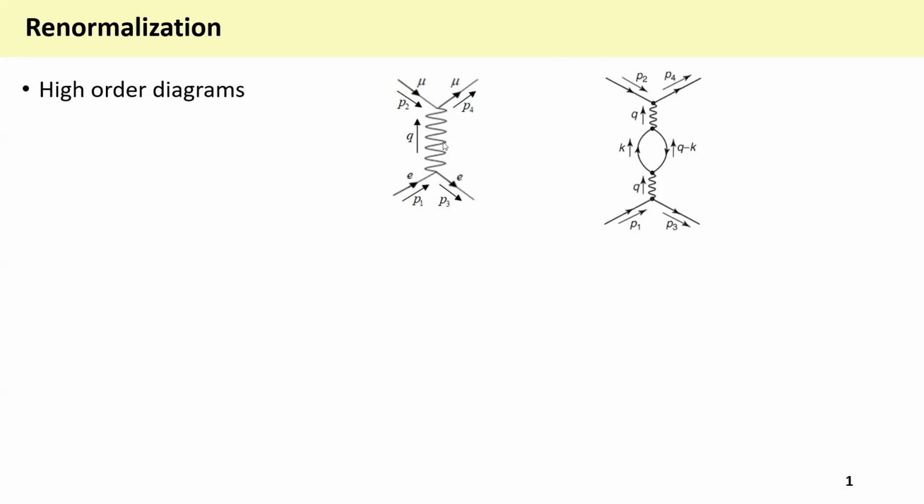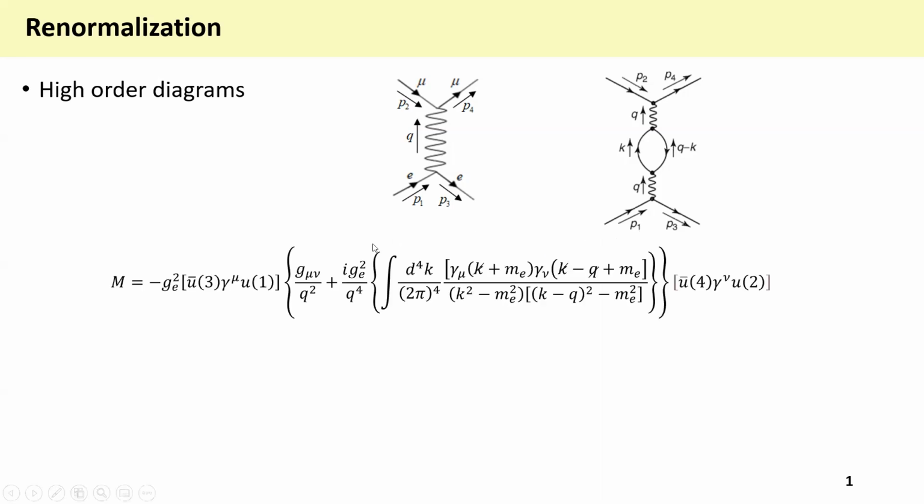So we have to include all possible diagrams. For example, if we consider electron-muon scattering, we have one tree-level diagram and one higher-order diagram. And we can prove that the amplitude will be like this.